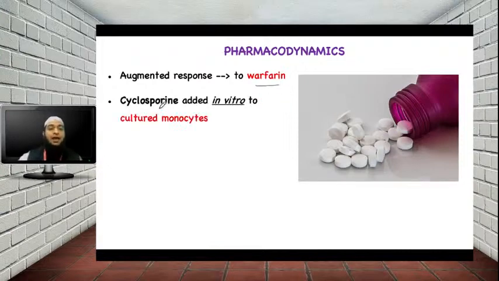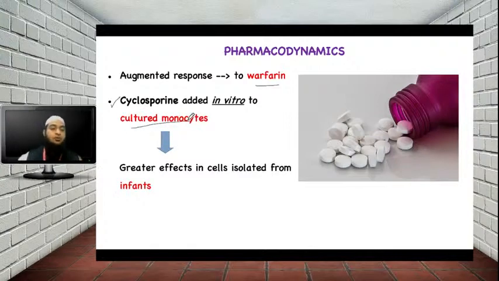Then in case of cyclosporine, which is an immunosuppressant and is generally given in case of organ transplant. So suppose in case of a child you did some organ transplant, then you are giving the cyclosporine. When you did the in vitro study, that is a test tube study, on the cultured monocytes which were taken from the child, it was observed that the cyclosporine effect is more.